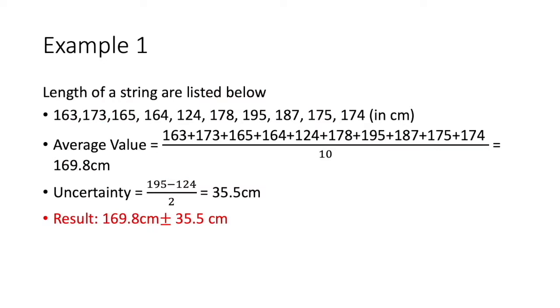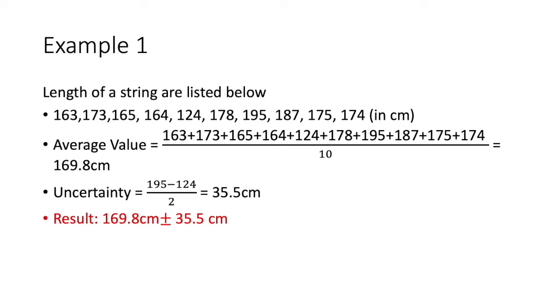Assume you measure the length of a string 10 times, and you list the values on a table. The average value will be the sum of the terms divided by the number of terms. We have 10 values, so we divide by 10.